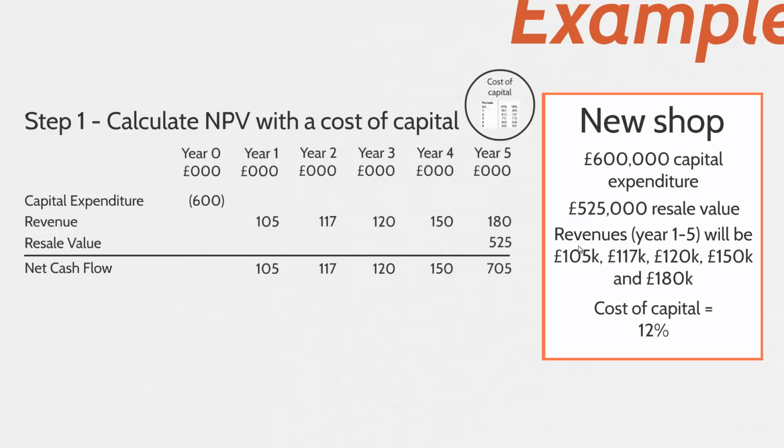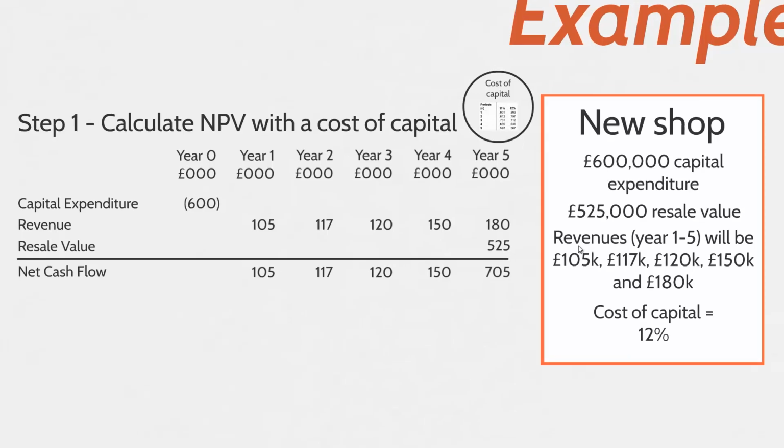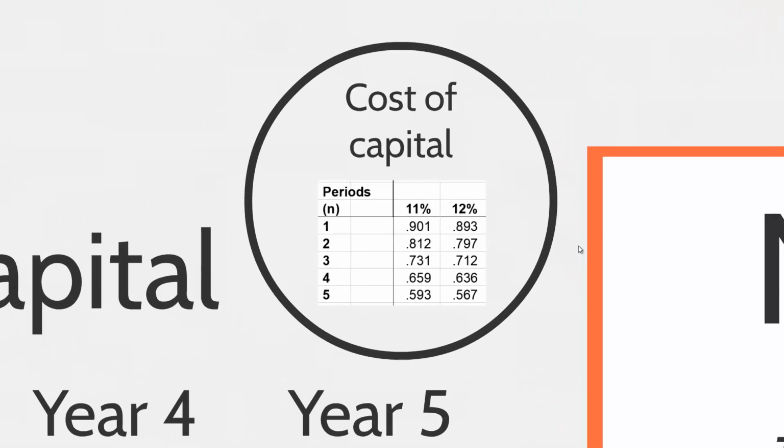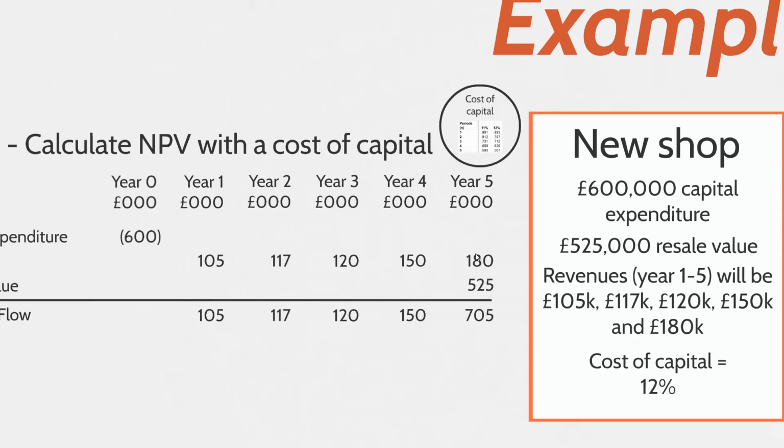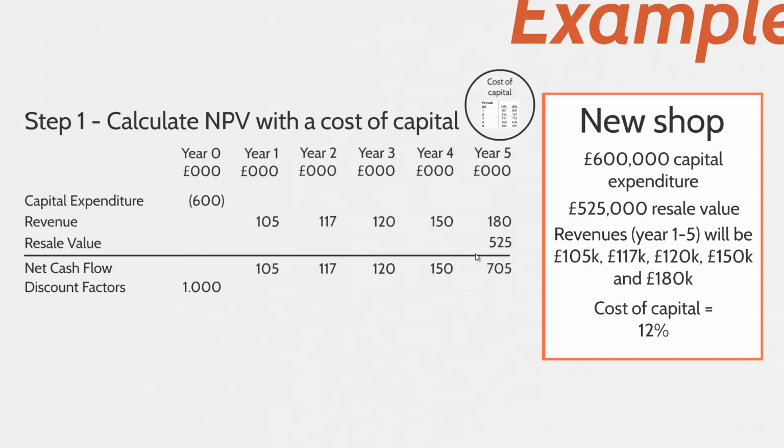Of course, we have to use our 12% cost of capital to add in our discount factors. So for year 1, our discount factor is 0.893. For period 2, it is 0.797, and so on. So we add in those discount factors, remembering that there's no discount factor for year 0.